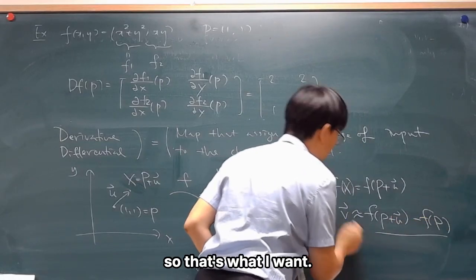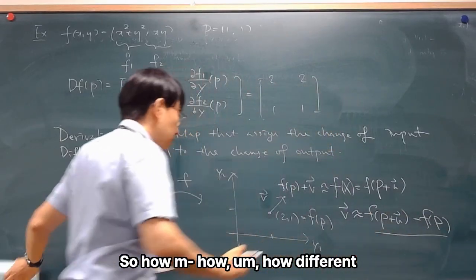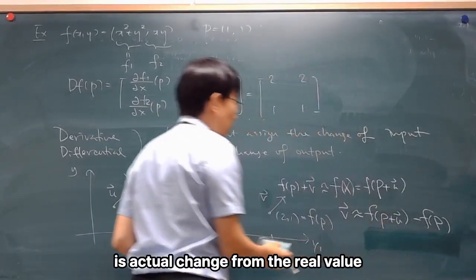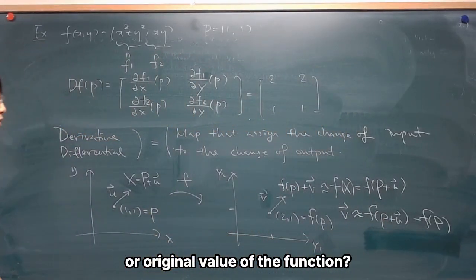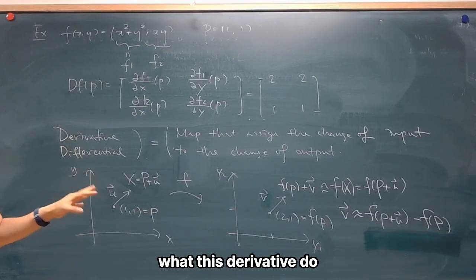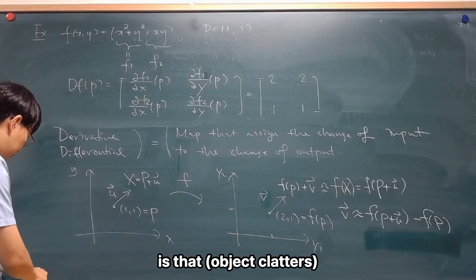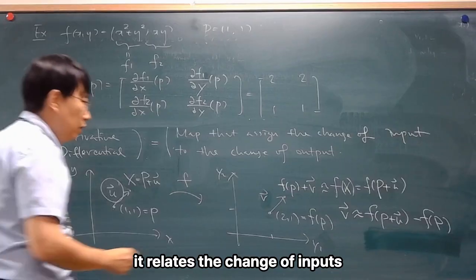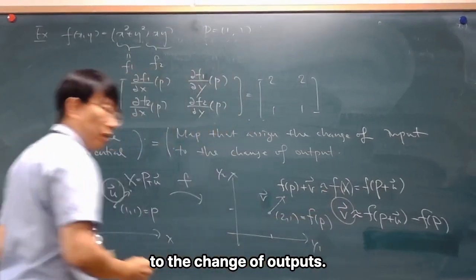So that's what I want. How different is the actual change from the original value of the function? That's my concern. So what does the derivative do? It relates the change of inputs to the change of outputs.